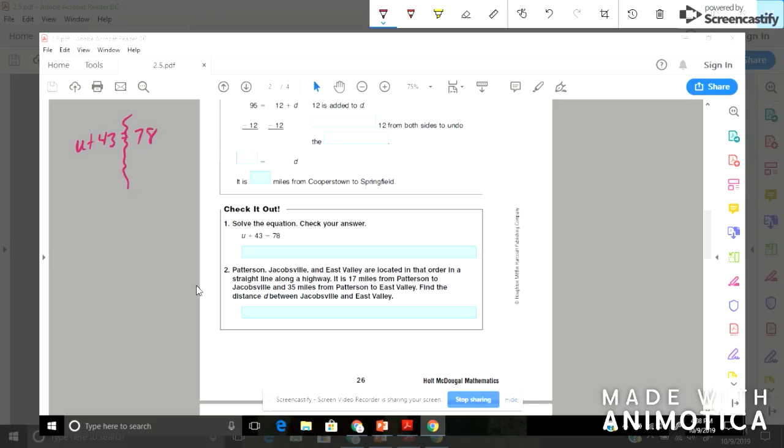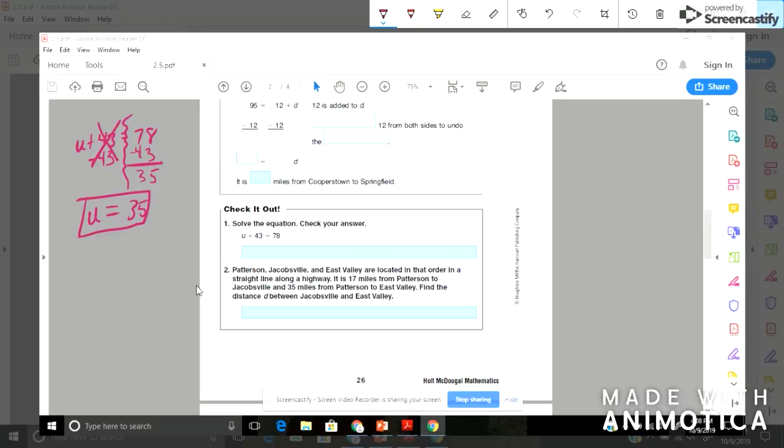To do the inverse would be to subtract 43 on both sides of my equation to keep my scale balanced. 43 minus 43 is 0. It cancels out. Wonderful. I'm left with U equals 8 minus 3 is 5, and 7 minus 4 is 3. 35. Box my answer.